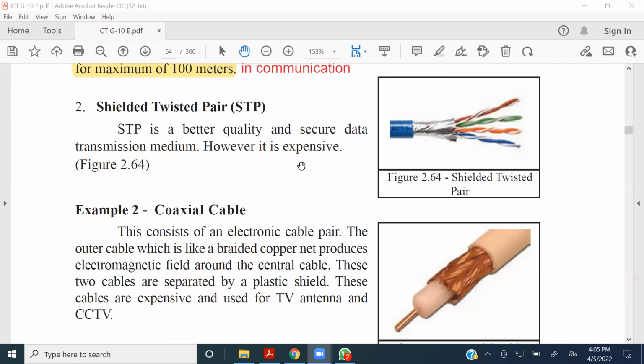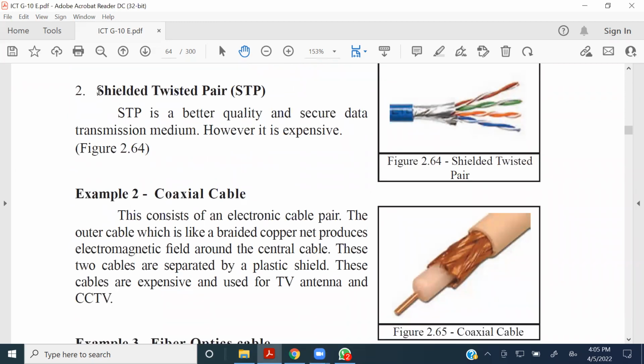So shielded twisted pair, STP, that is the second kind. And it's much better we write these things under it: better quality, secure data transmission medium, and expensive.